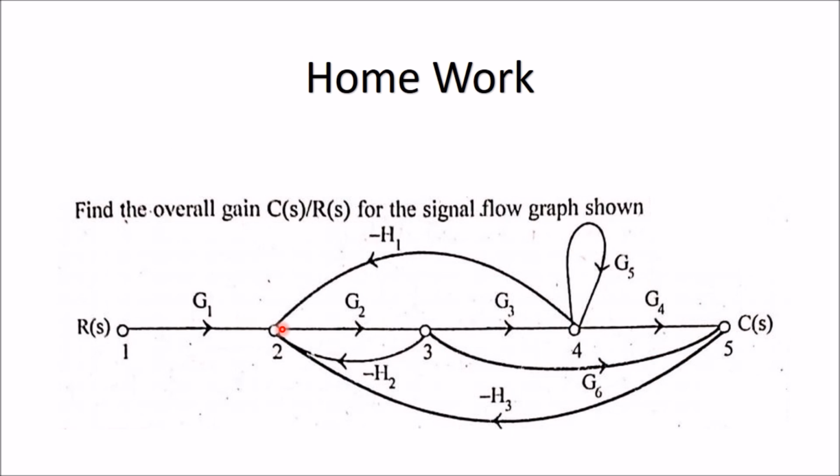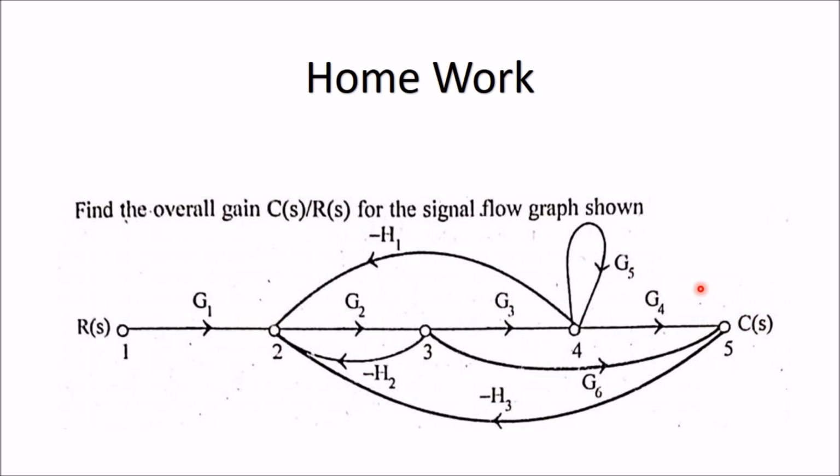Okay, let's take a homework. This is the signal flow graph, and you can see I have here, starting from node 1 to node 2, the transmittance is G. Instead of 1, I have given a transmittance here, and here you can see the ending node is a mixed node. So from this ending node we have both incoming and outgoing branches.